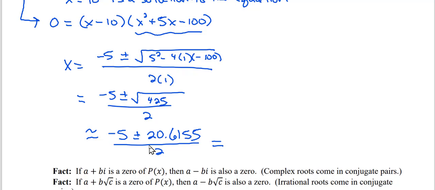I'm actually just going to use the square root of 425, so I'm not rounding at all. The positive of that one. Subtract 5, hit equals, and then divide the whole thing by 2. Gives me, I don't want an equal sign, I want an approximation of 7.8 if we round to 1 decimal place.